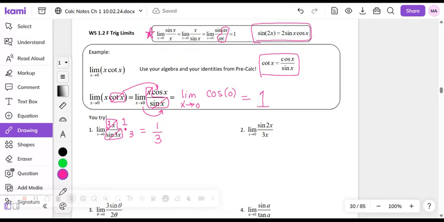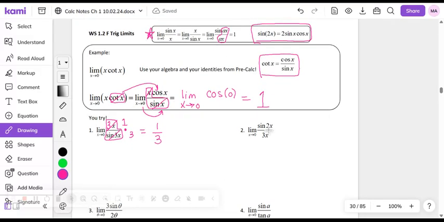Number 2, the sine of 2x over 3x. And again, the limit has to be approaching 0. Remember, we would normally try to put the 0 in here, but we would have a 0 in our denominator. That's a problem. So if I have the sine of 2x, I would need to have it be over 2x in order to reduce that to 1.